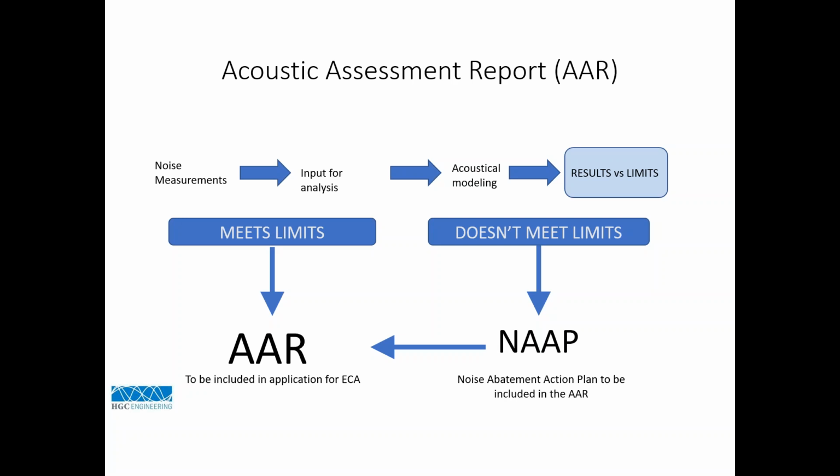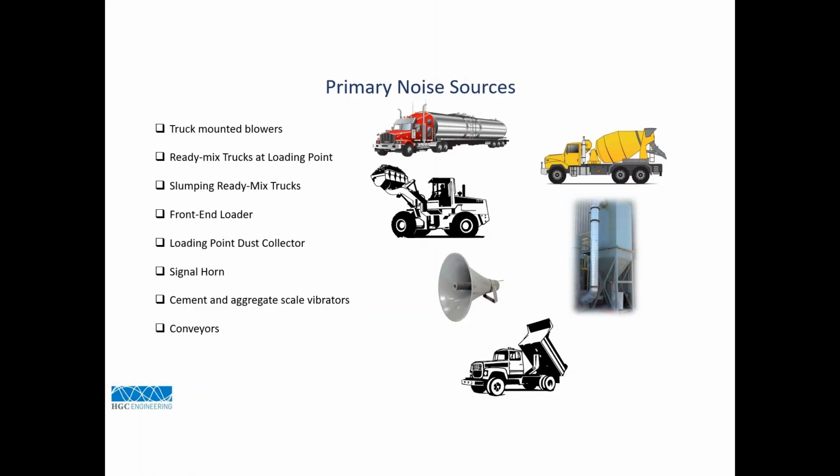So let's take a look at what happens if you are in the category where you require a noise abatement action plan. In that case, your consultant, based on the calculations that they did at the outset of the project, will be able to tell you specifically what source at your site is the problem and how you can fix it.